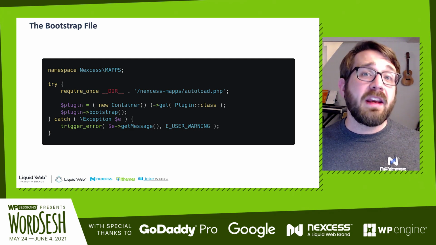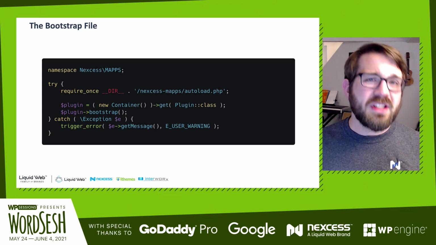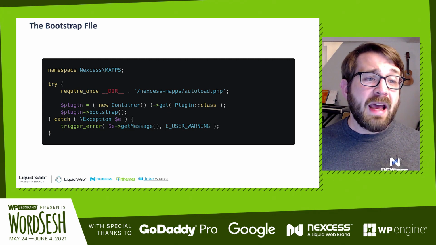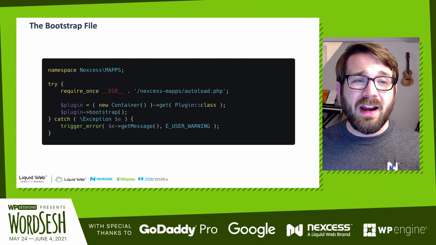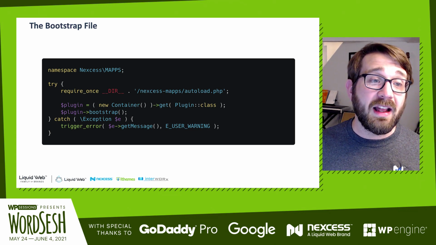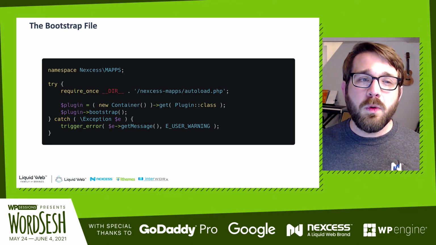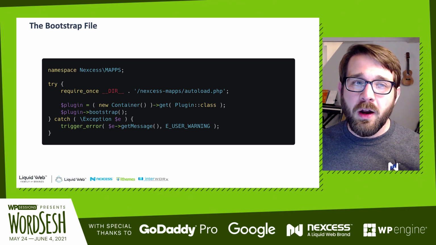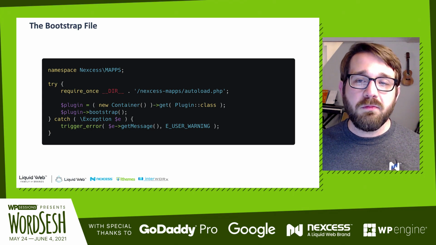So if anything goes wrong loading our plugin, chances are we're not going to white screen the site, which is kind of important. Next, we're pulling in the autoloader. We're creating our single instance of the container and using that to resolve the plugin class. And then we're calling that Bootstrap method on the plugin. So excluding the try-catch block here, we're bootstrapping our plugin in 3 lines of code, which is pretty impressive.